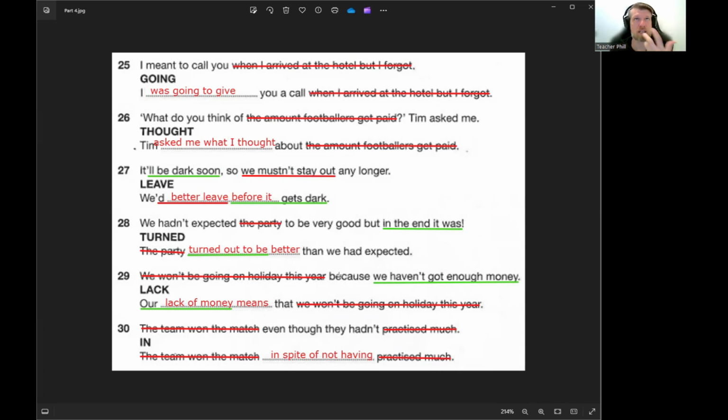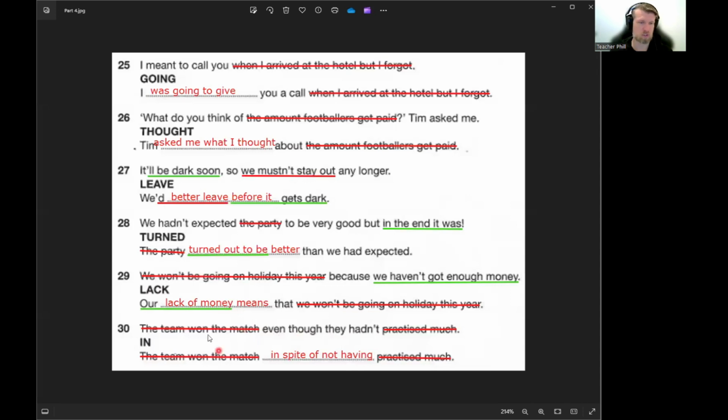We need to use an expression that shows us a result. Because this part that we crossed out is the result of the second part. Now in the second sentence, reason comes first and result comes second, or the consequence. So our expression here in the middle needs to reflect that we are going to see a consequence. That's what it means that does. So that works. I'm quite confident about this one as well.